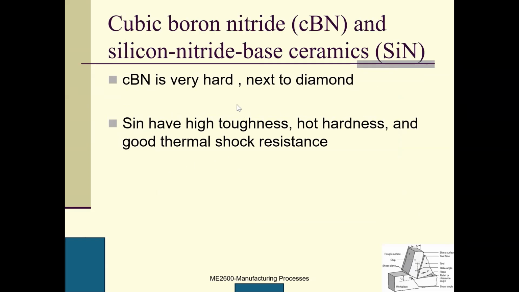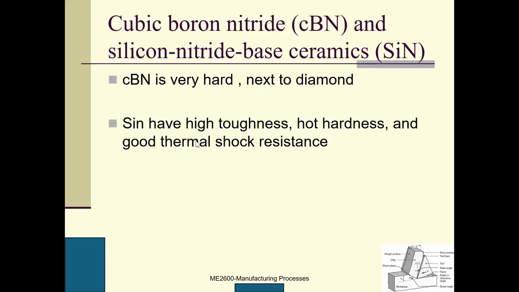Then the CBN, cubic boron nitride, and the silicon nitride based ceramic. CBN is very hard, next to diamond. Silicon nitride has high toughness, hardness, and good thermal shock resistance. What is thermal shock resistance?